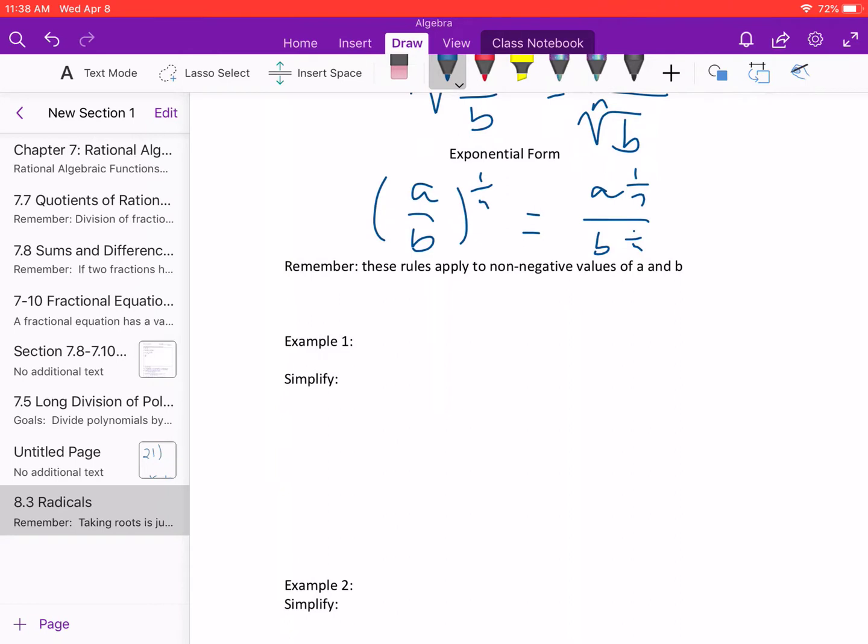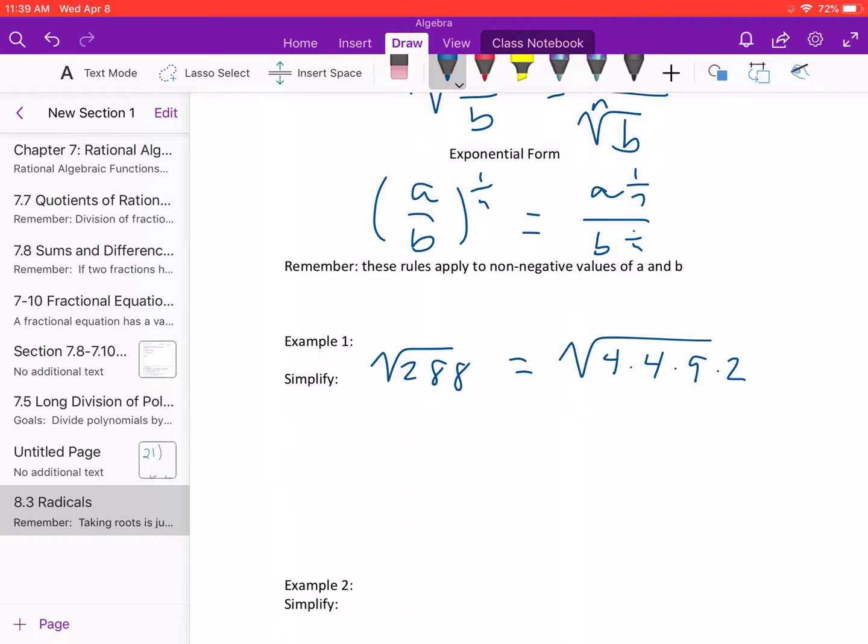If you are asked to simplify the square root of 288, that would be the same thing as saying, well, I know this is equal to 4 times 9 times 2. This is a skill we've already visited this year. Looking at that, I know that 4 and 9 are perfect squares.